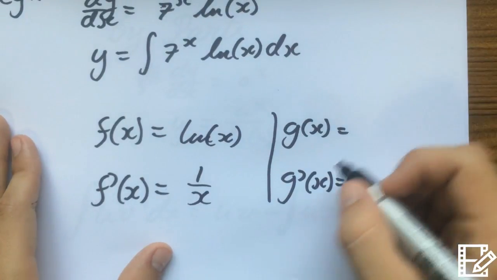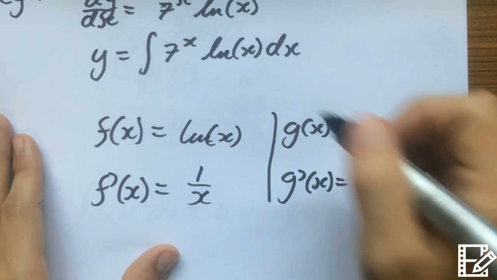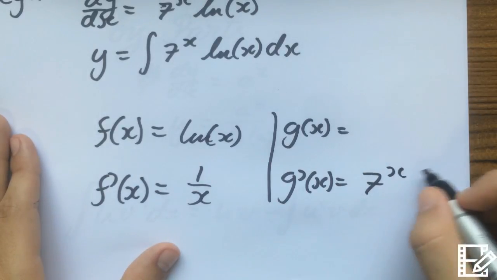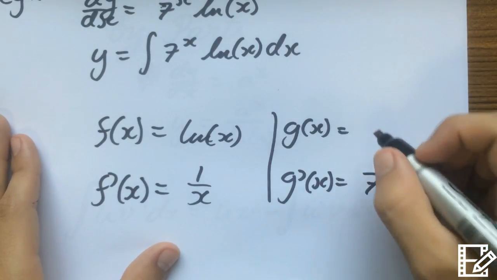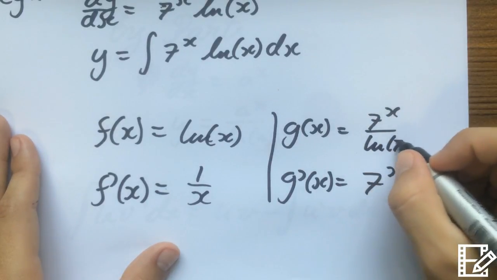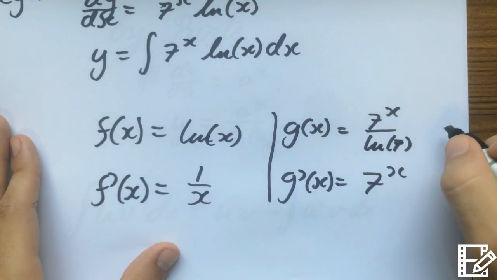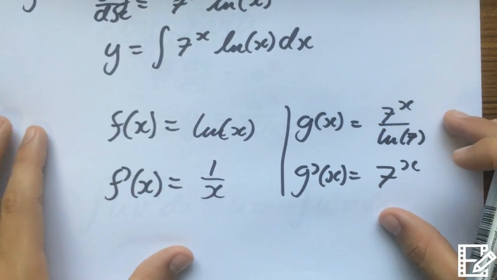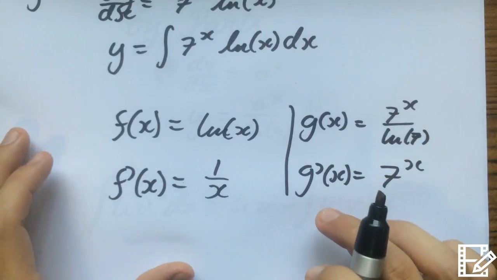If I was to find the integral of ln of x, it would be a mess. But 7 to the power of x will be our g dash of x. And if we were to find the integral of that, just like at the front, we get 7 to the power of x over ln of 7. Plus c, if you're doing a normal question, but I don't like to do my plus c's till the end, so I'm not putting it in here.